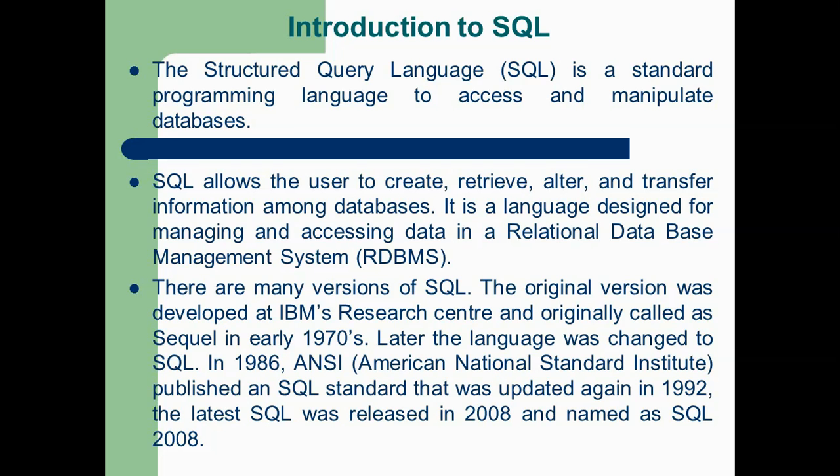It was called SEQUEL. Later, the language was changed into SQL. In 1986, ANSI, the American National Standards Institute, published an SQL standard that was updated again in 1992. The latest SQL was released in 2008 and named SQL 2008.